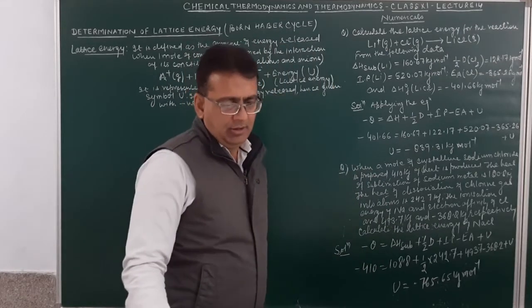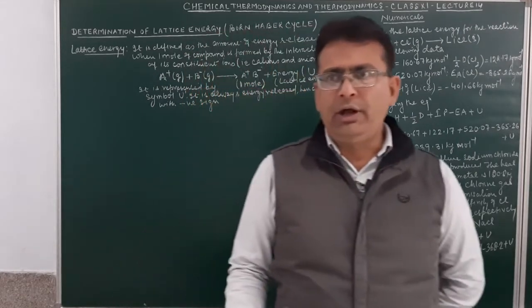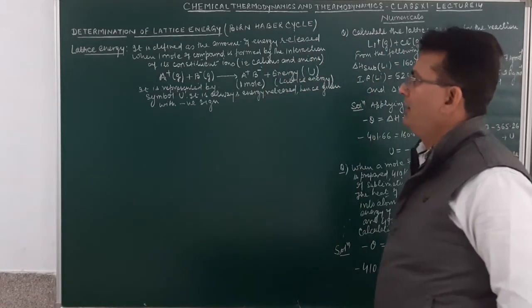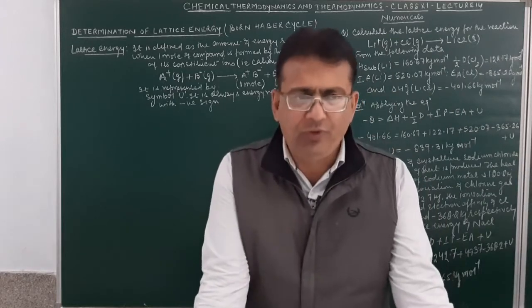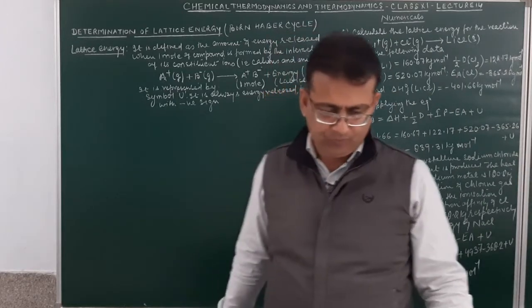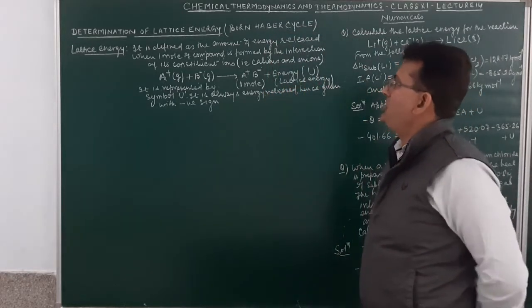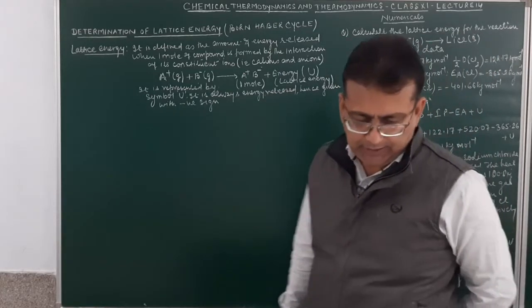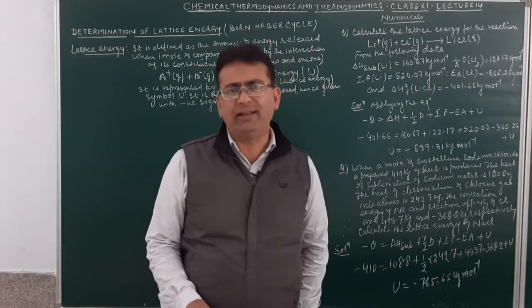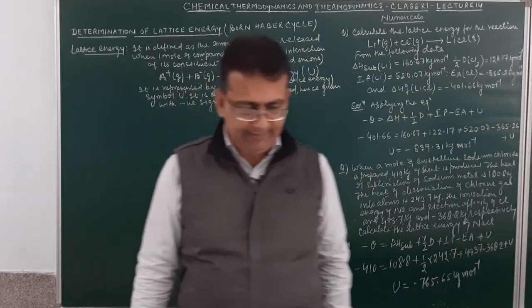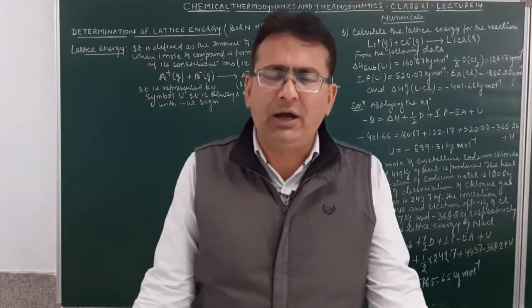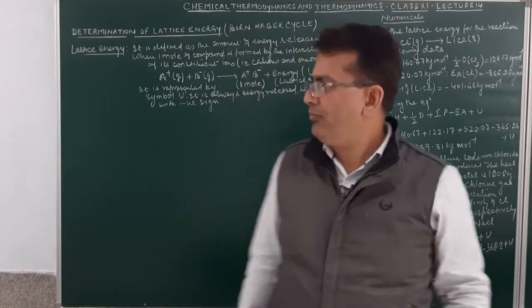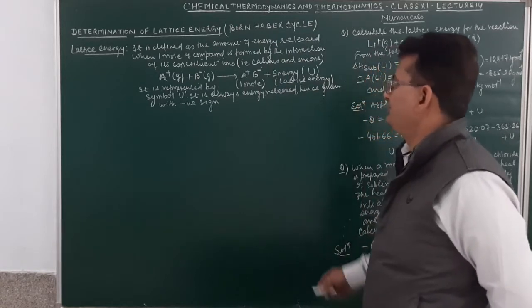Now, students, you must understand one thing. It is very difficult to find the lattice energy by direct interaction of a cation and an anion, or by direct experiment, and hence it is found indirectly by the use of a cycle called the Born-Haber cycle.